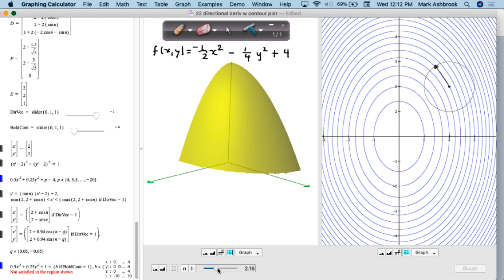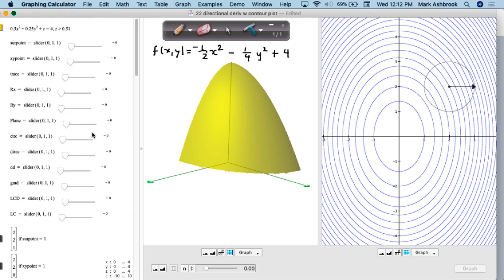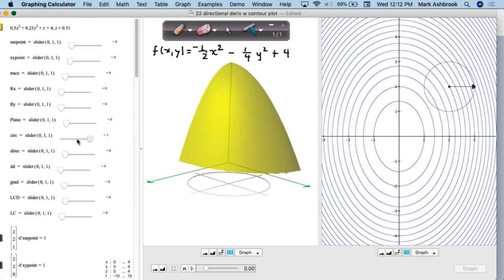We're considering what direction we want to go in, and what rate of change we will encounter if we go a little bit in that direction. Now for the surface, that same circle looks like this. I've got my point 2, 2, and that point has a z value, which gives me that point up on the surface.